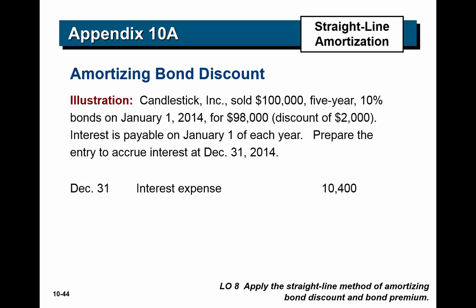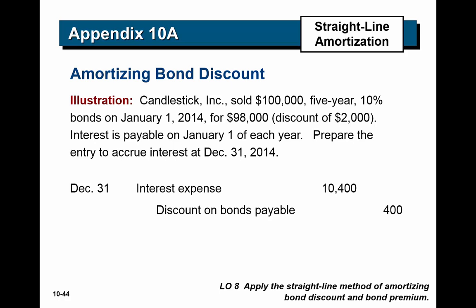Remember, any discount is going to cost us, right? Remember we looked at that when they got the $50,000 in the previous example and $2,000 of discount, then the total cost of borrowing the money was $52,000. So we figure out the amount that discount is going to cost us over the whole life of the bond, which is $2,000, and we divide that by the life of the bond, which is 5 years in this case.